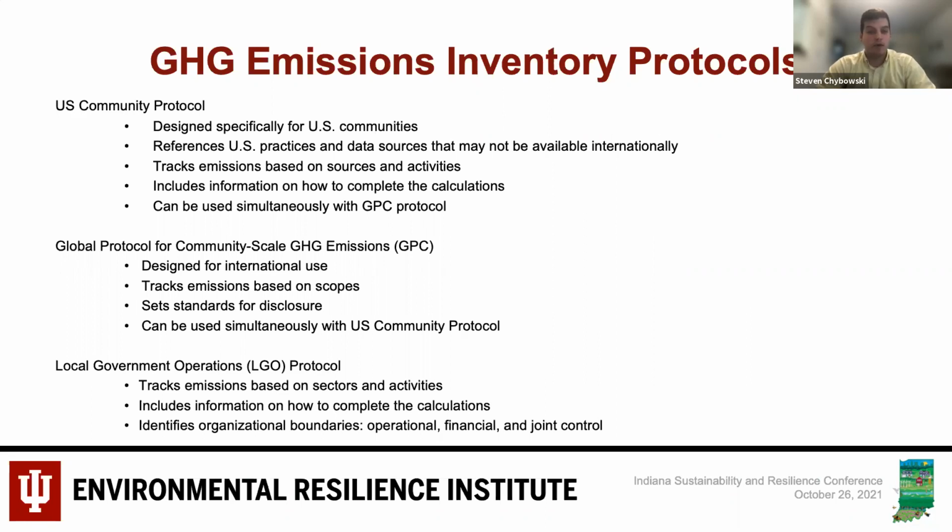And lastly, there is a protocol for local government operations. That is the guidebook on how to do this when you're just trying to isolate those activities that a local government has direct control over. All these are readily available online for free, and if you're looking to get into this work, skimming over those resources is a great place to start.